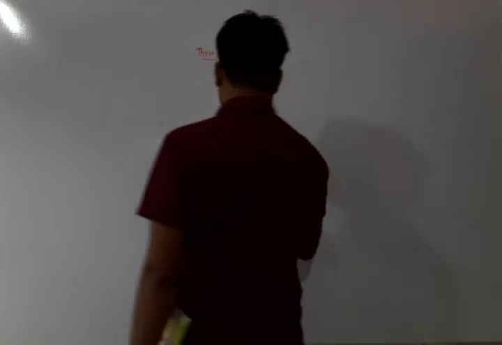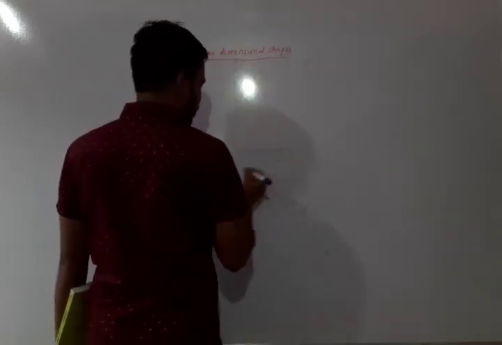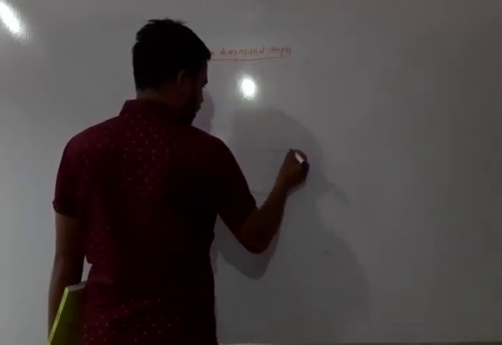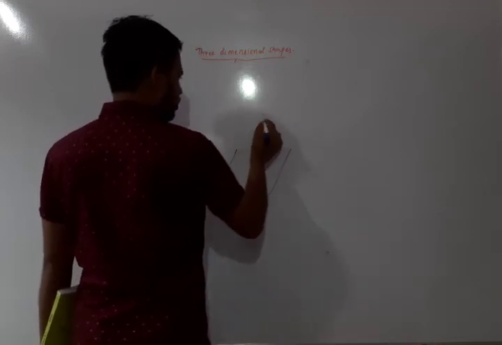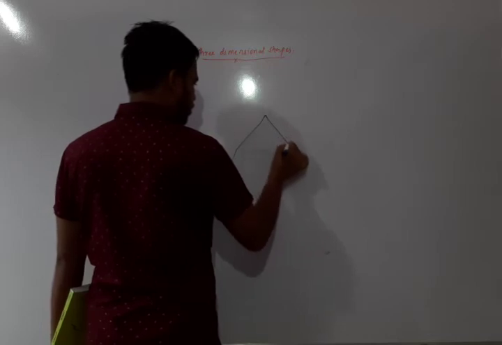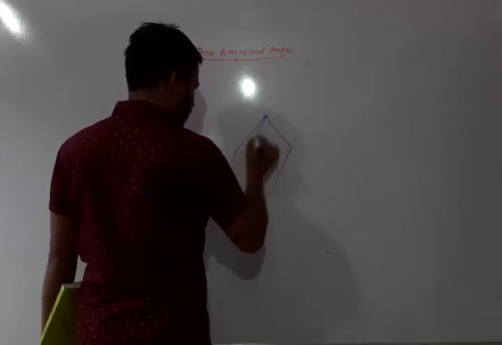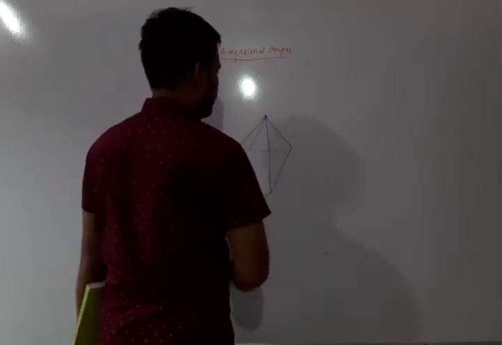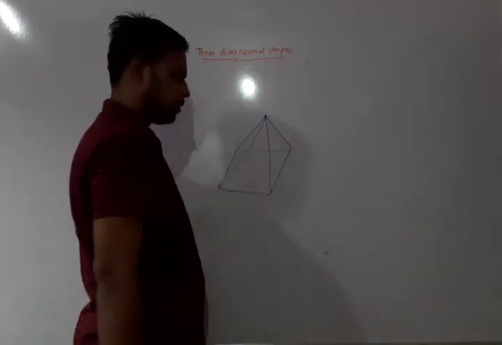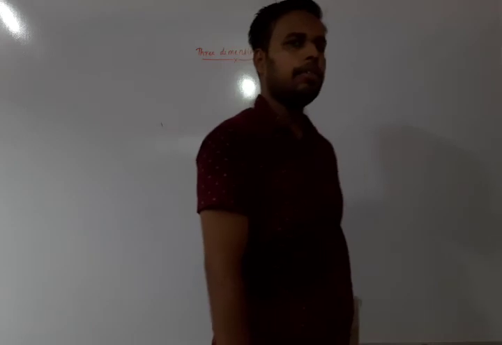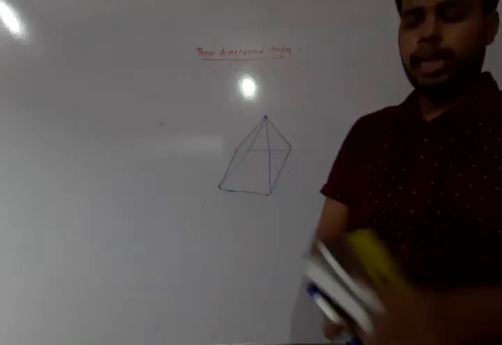Suppose you are given a parallelogram as the base. Then the pyramid will look like this. There you will have a base and the remaining faces will be made of triangles.